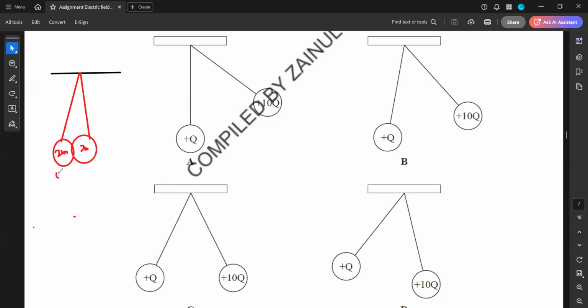But once we give a charge, let's say we give a charge Q to this and plus 10Q to this, as a result of the charge there will be a force. If this experiences a force of 30 Newton, this will also experience a force of 30 Newton. This 30 Newton causes a displacement, or acceleration, or change from the mean position.